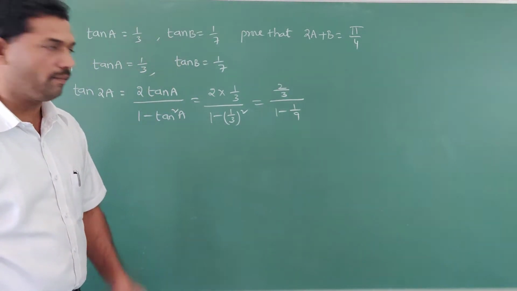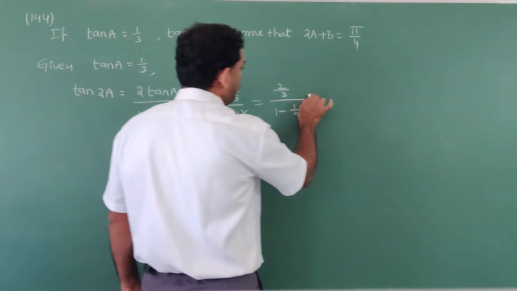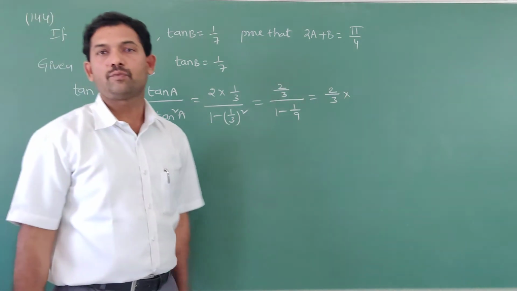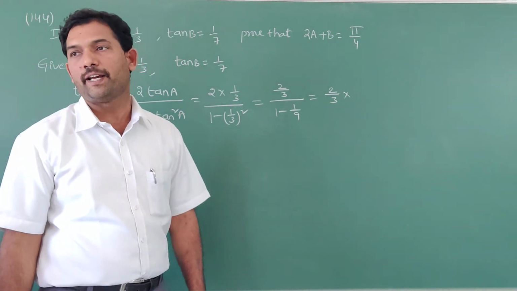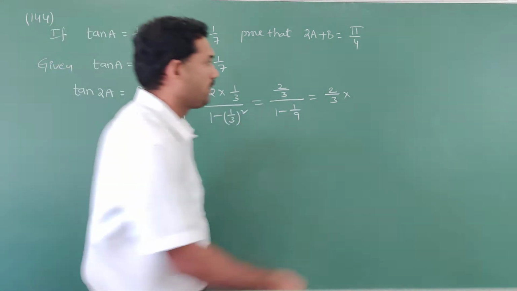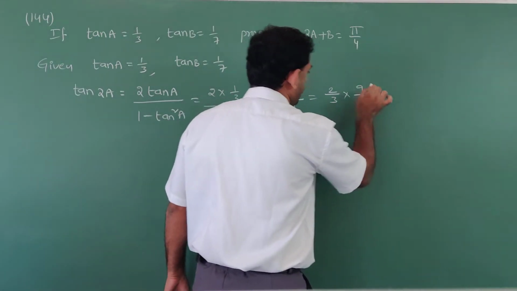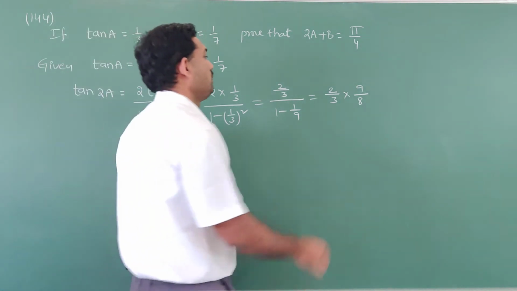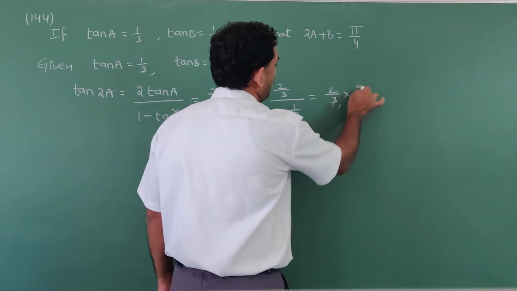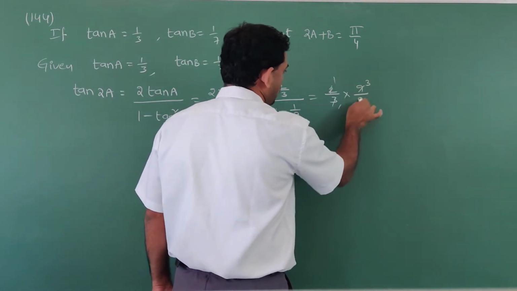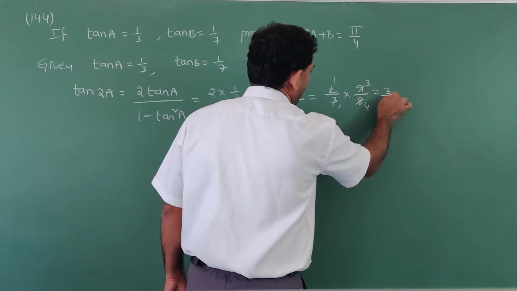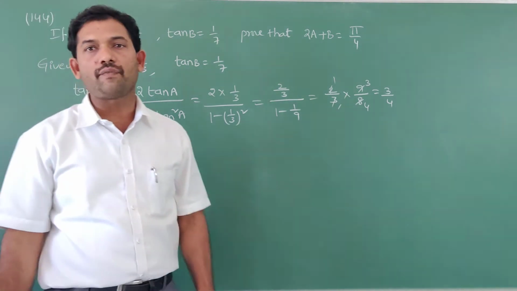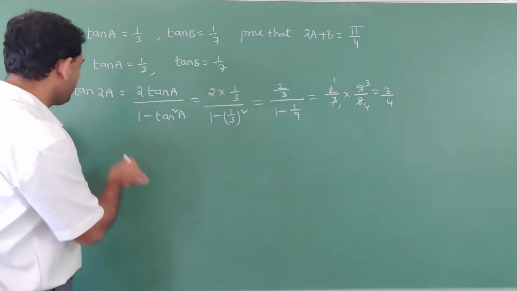Simplified, 2 by 3 divided by 8 by 9, bringing into numerator 9 by 8. Understand? So simplification: 3 ones and 3 threes, 2 ones and 2 fours. So the answer is 3 by 4.